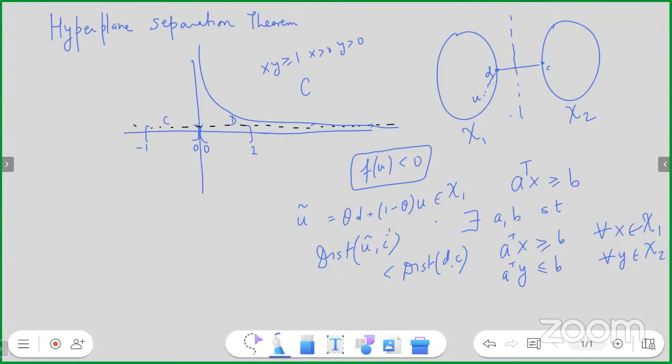This is always true, no matter what. Just the fact that u tilde belongs to chi1 or not will give you the proof. Now, the fact that chi1 is convex, this better belong to chi1, and you're producing a contradiction.